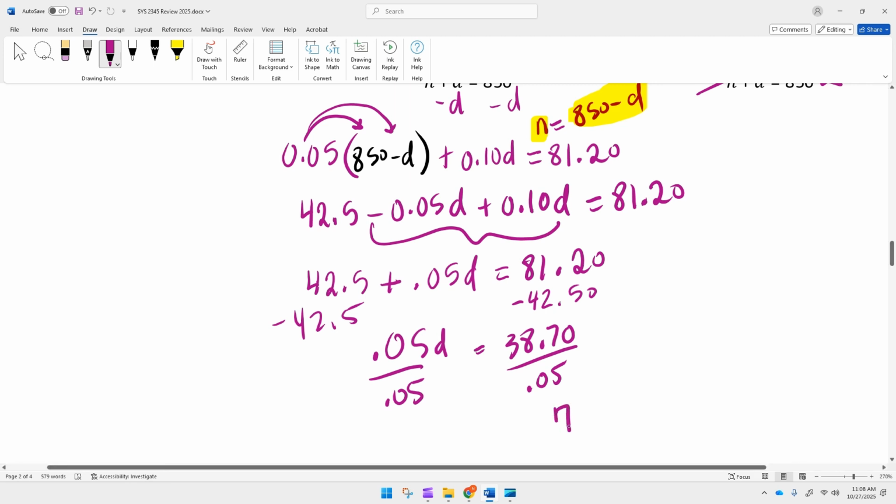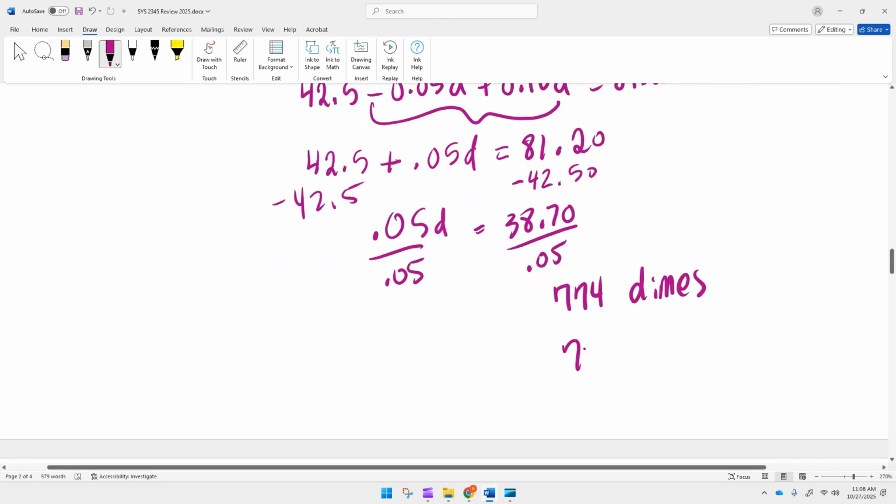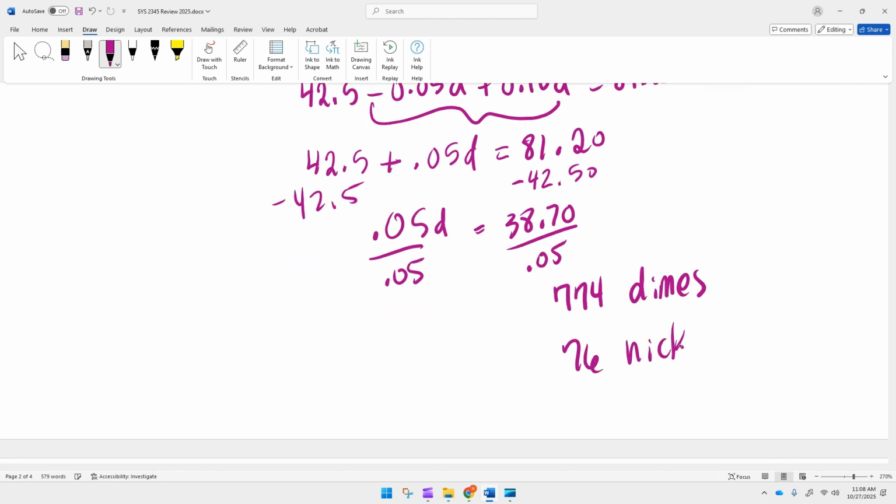That gives me 774 dimes. That means if I take 850 and take away the number of dimes, that gives me 76 nickels.